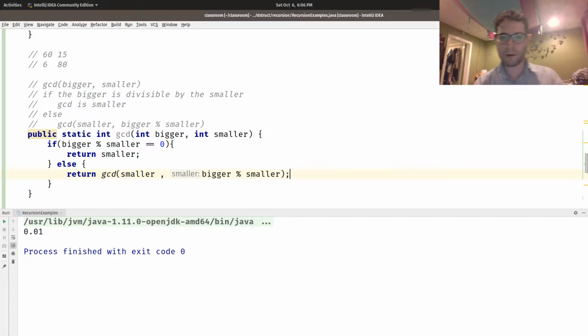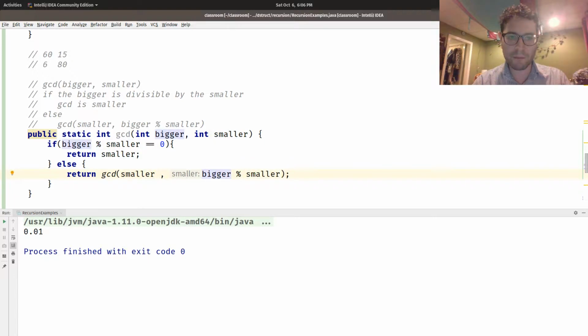Let's think about this, right? If they're cleanly divisible, we just return the smaller number. So if we hit our base case, we're done. Otherwise, we take our smaller and put it on the right-hand side, and on the left side, we put bigger mod smaller.